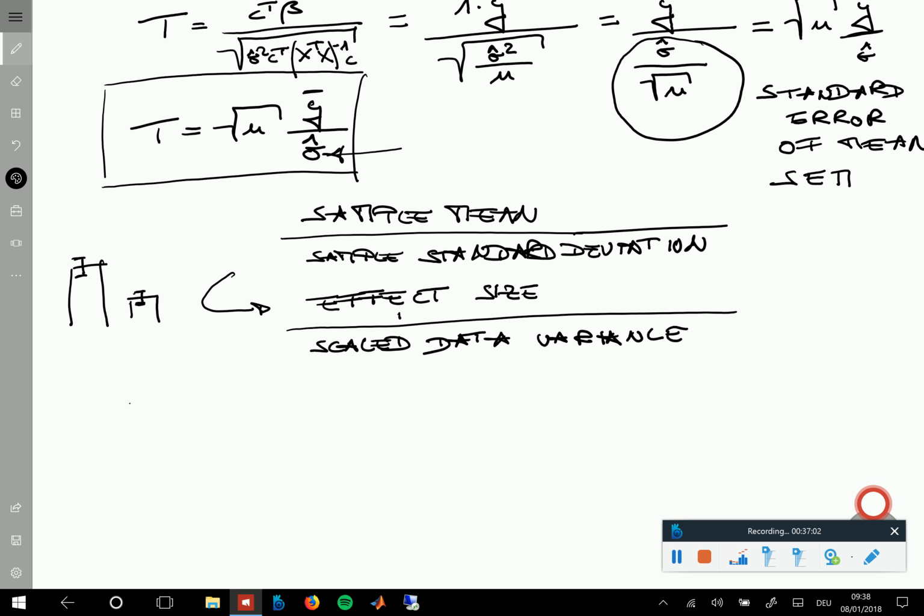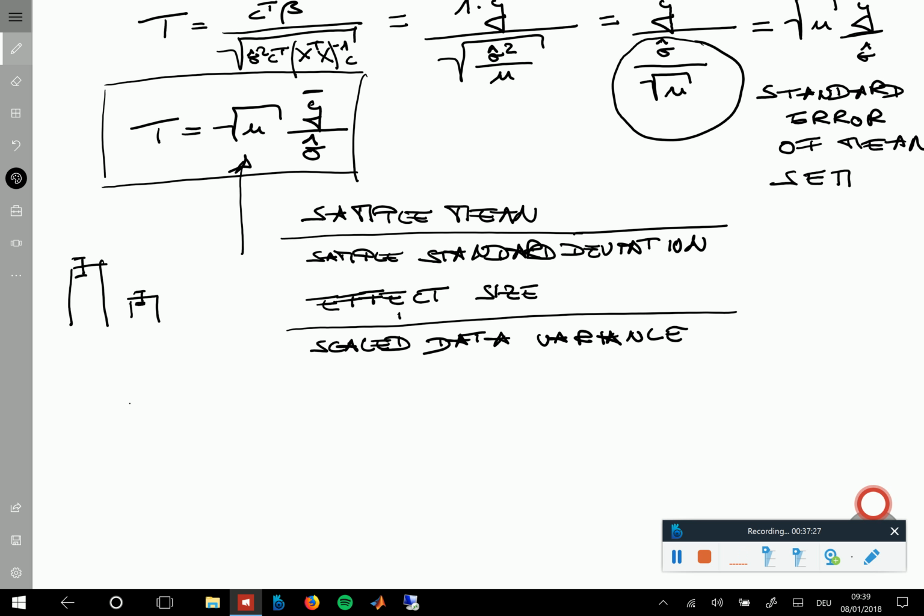And then the other thing that you also see from this t formula is the fallacy of classical inference, if you want, that the t values increase with increasing sample size. Yeah? So the larger n, or more specifically, the larger the square root of n, but the square root just increases with n, the higher the t value.